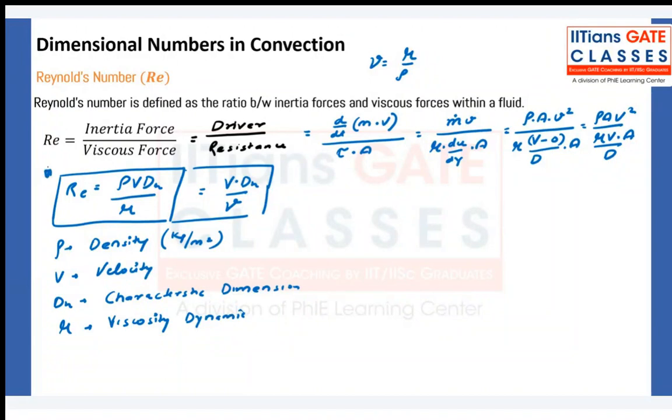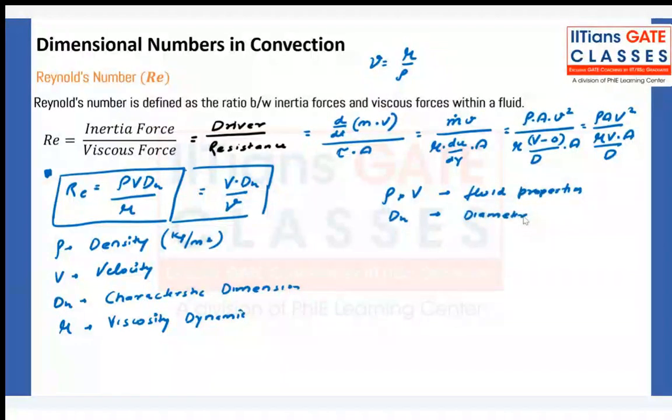Now rho and mu, they are fluid properties. So once the fluid is fixed, they are fixed. And d h is the characteristic dimension or diameter, let's say if it is a tube, then it is a diameter, or whatever it is characteristic dimension.